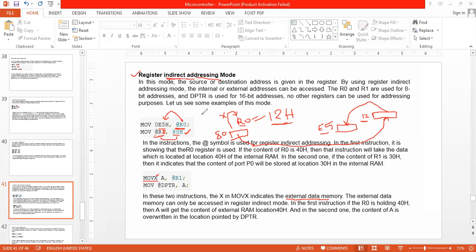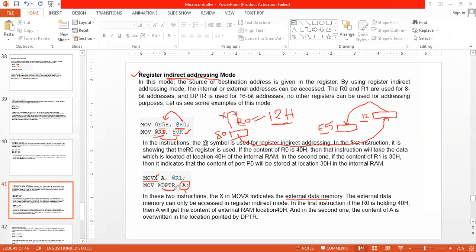Because we want some address in the external memory, that address has to be stored into the DPTR register, and whatever the data I am going to send from my microcontroller into the external memory, then I have to utilize the A register compulsorily. I have to put the data into A.